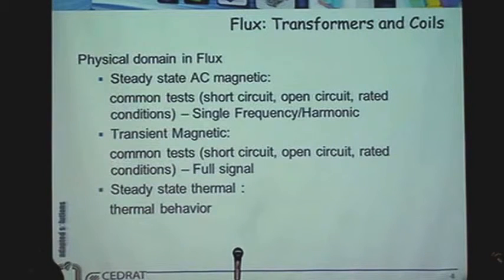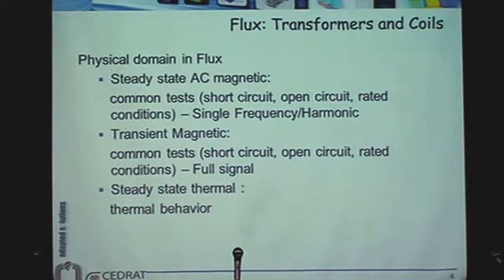Sometimes you could work on harmonics by building more of the signal and setting a saturation in a certain way in the transformer before you apply a higher harmonic, but it's not very recommended. So this one is going to be the full signal, really. In fact, for the one I'm going to show you, I need to do transient because the signal is not at all sinusoidal. And then steady state thermal for the thermal behavior.